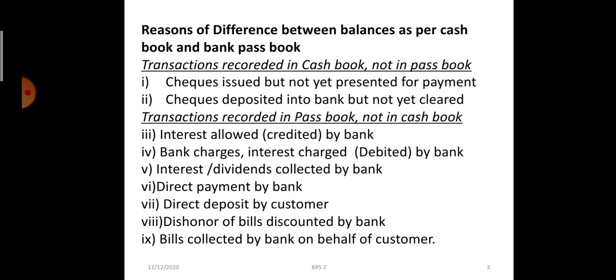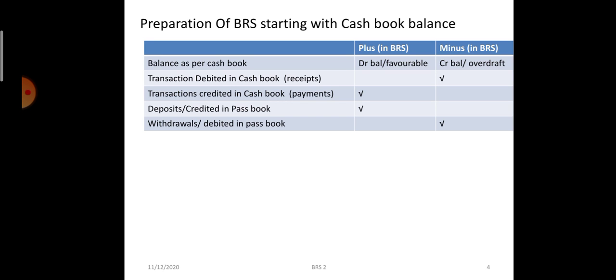Now, how to prepare BRS? There are four possibilities, that is, when cash book balance is given and when passbook balance is given. Here we are discussing BRS starting with the cash book balance. The cash book balance may be a debit, favorable balance, then we will write it in the plus column.